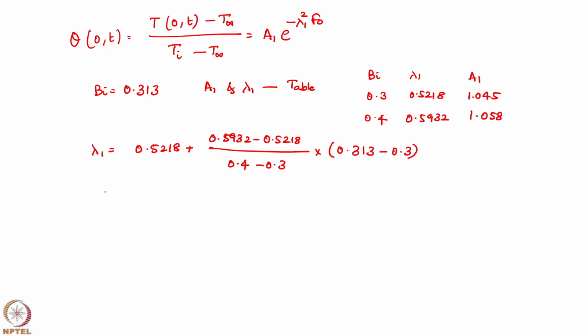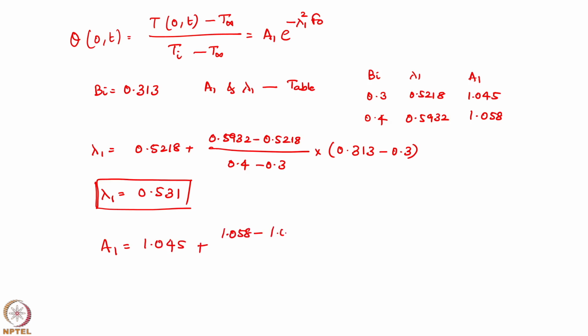This will fetch you a lambda 1 of 0.531. Similarly, for A1, you can write 1.045 plus 1.058 minus 1.045, divided by 0.4 minus 0.3, into 0.313 minus 0.3. So you get A1 equal to 1.047.